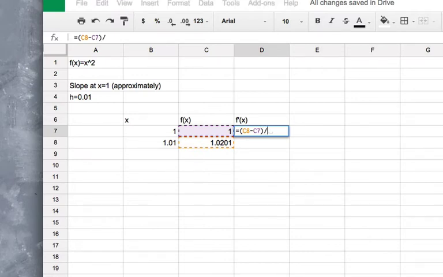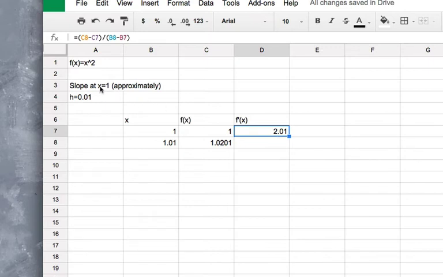And now I divide that by, now I could take the difference between these two quantities here, but I know that's just 0.01. Well, let's do it anyway so that I can change that easily. So now let's put this in brackets, and I want this quantity here minus this quantity here. And the value I end up with here will be an approximate slope.